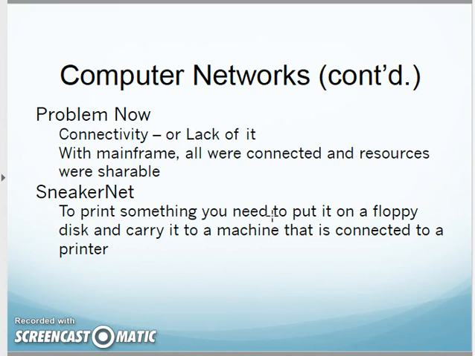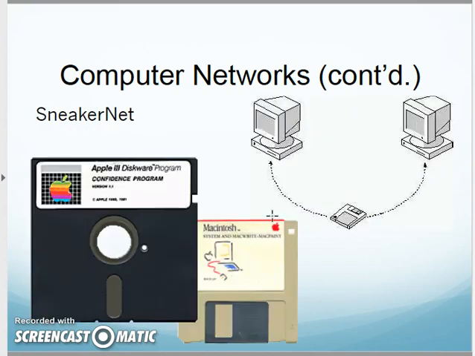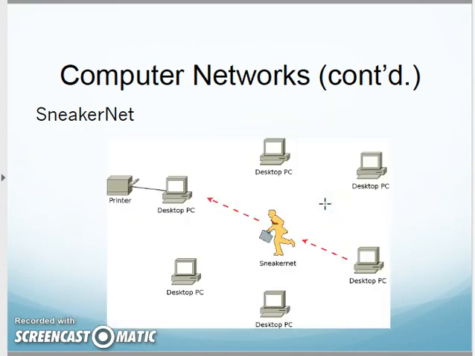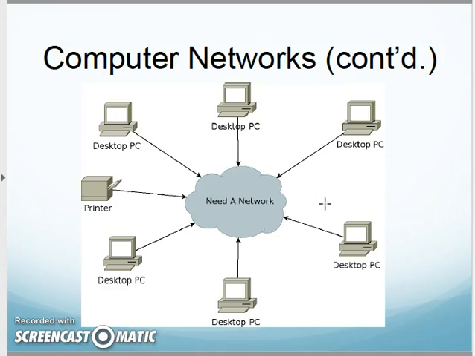With mainframe computers, everybody was connected to one central node. Everything was shareable. Now we move into an environment where we're all individual and we now need to move data back and forth through SneakerNet. Initially, if we had a mainframe here, everybody was connected to it. Now we're all individual, moving things around by hand. We need some type of network.